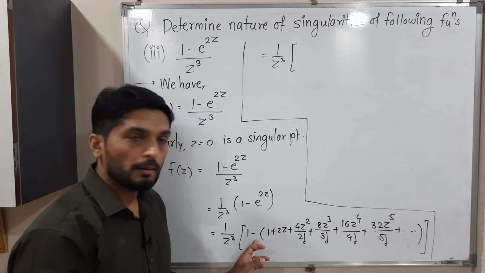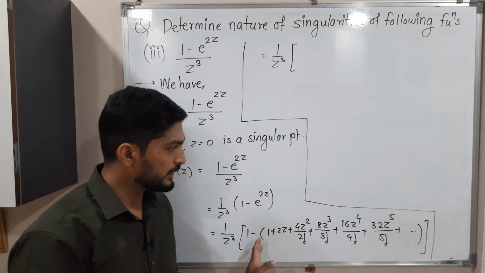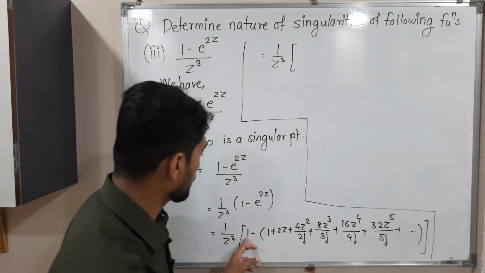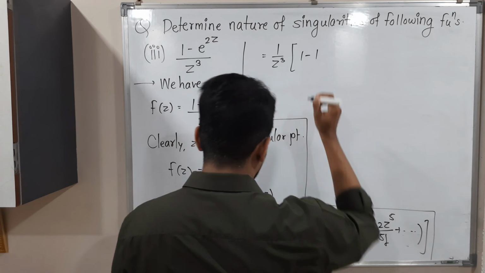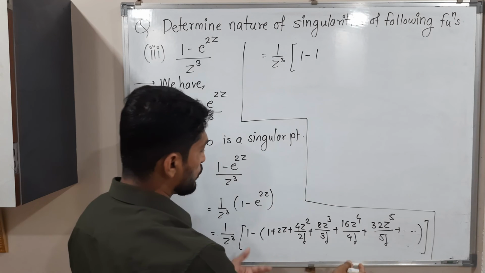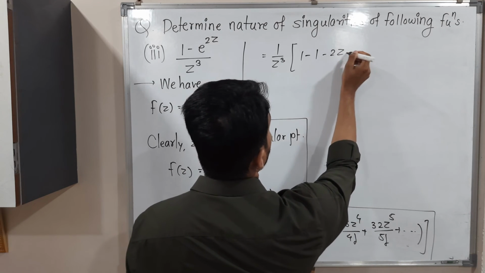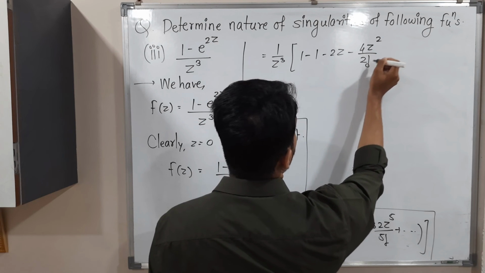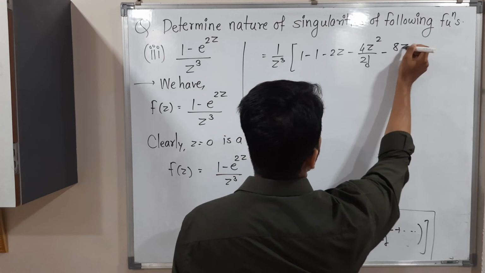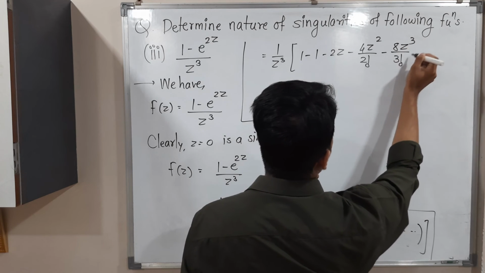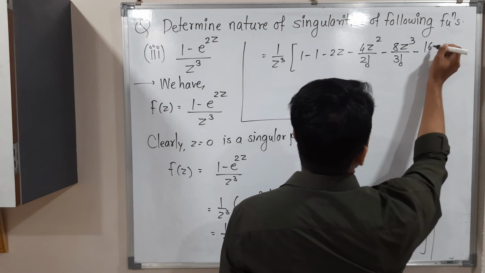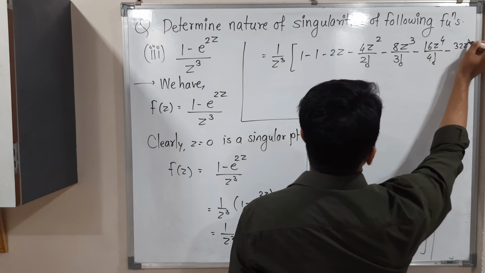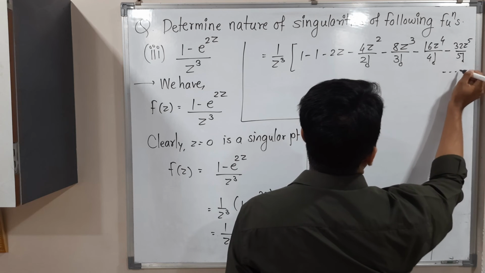See, a minus sign is there outside the bracket. So when you remove the bracket, all signs will get changed. Here we have 1 minus 1 and the rest have a plus sign, so all will be minus: minus 2z minus 4z square by 2 factorial minus 8z cube by 3 factorial minus 16z raised to 4 by 4 factorial minus 32z raised to 5 by 5 factorial, and so on.